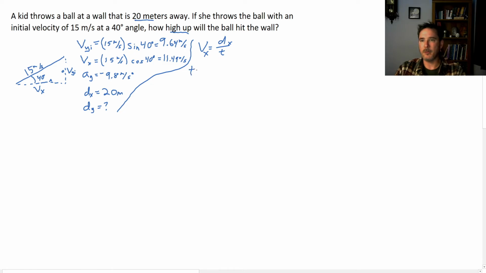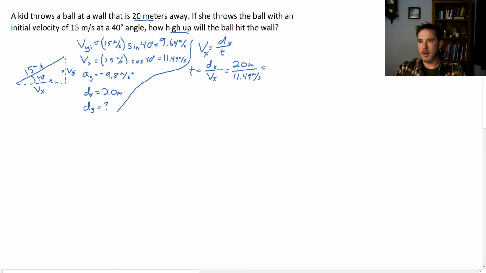So I'm going to rearrange this equation. I'm going to multiply both sides by t and then divide by v. That means time will be our displacement in the x direction divided by our velocity in the x direction. Our displacement in the x direction is 20 meters, and our velocity in the x direction is 11.49 meters per second.